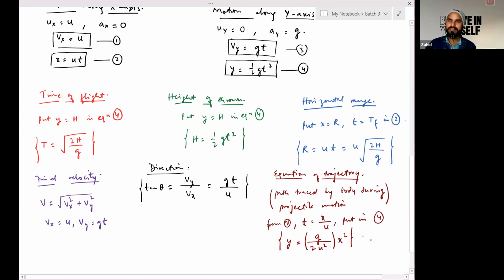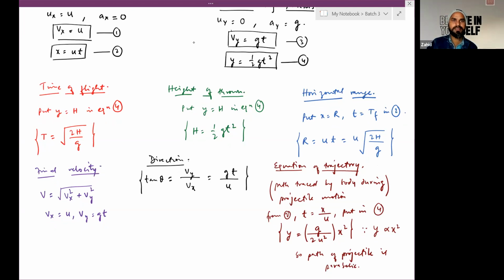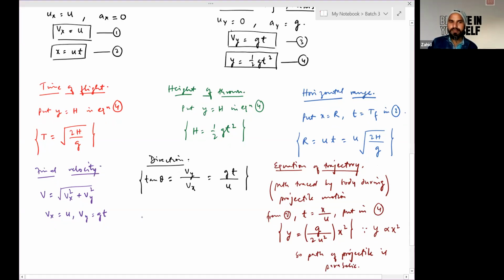Now in this, since y is proportional to x squared, which is nothing but the equation of a parabola, you will say the path of the projectile is parabolic. You may find one last term, that is net displacement.